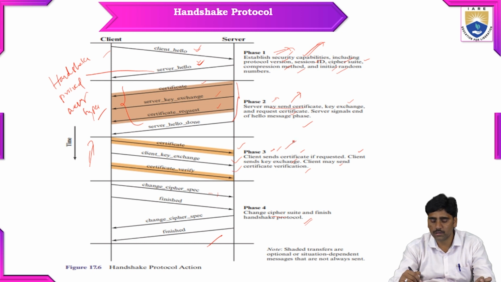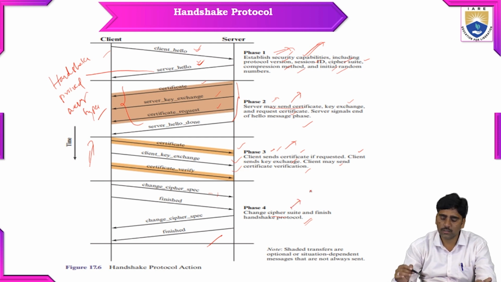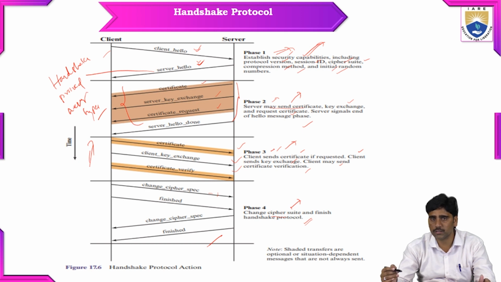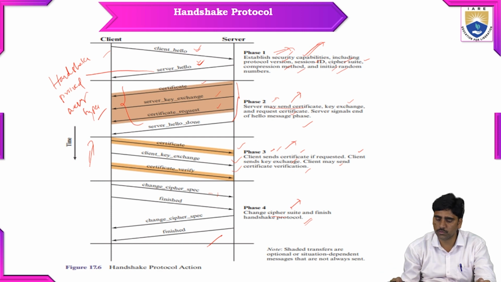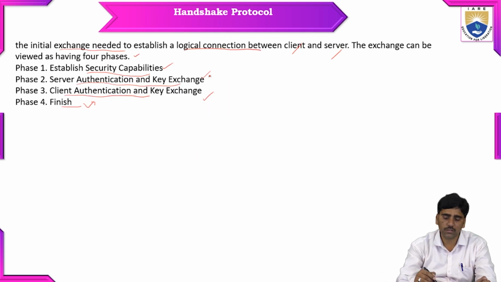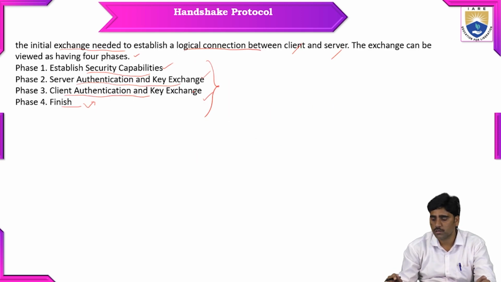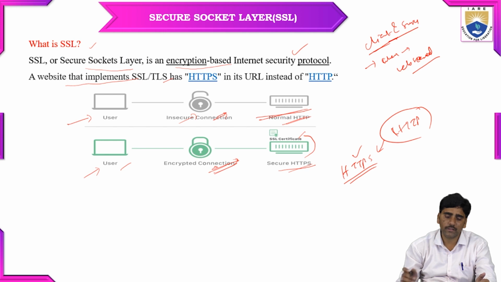And similarly, in the third phase, the client also sends some certificates that are going to authenticate for the server. And the fourth one is changing the cipher suite and finishing the handshake protocol. So these are the four phases which we discussed for handshake protocol messages action. And the next, SSL.